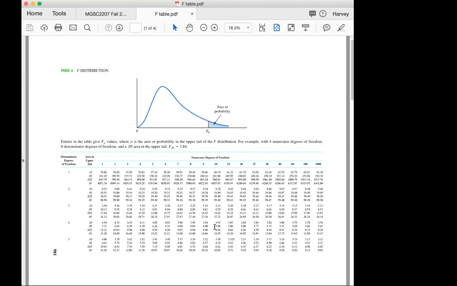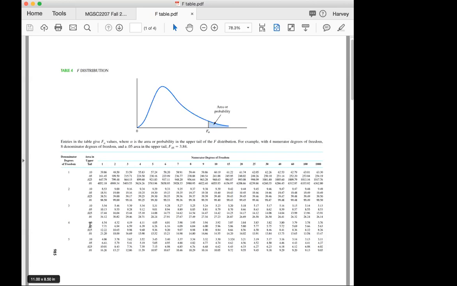I don't have 6.1; it is in between 5.96 and 8.84. At 5.96, the area in the tail is 5%. At 8.84, the area in the tail is 2.5%. Which means that when it is 6.1, the area in the tail will be between 2.5% and 5%. So that will be your p-value: between 2.5% and 5%.